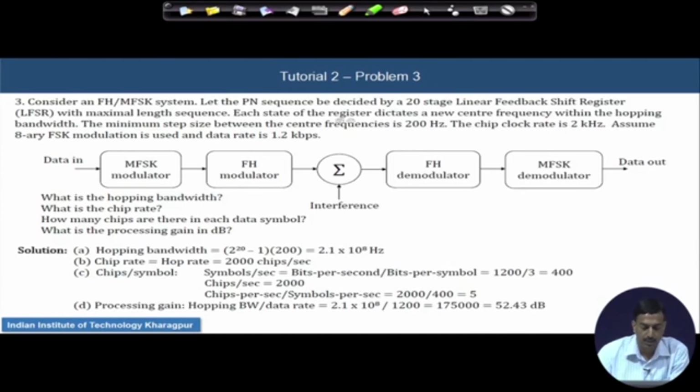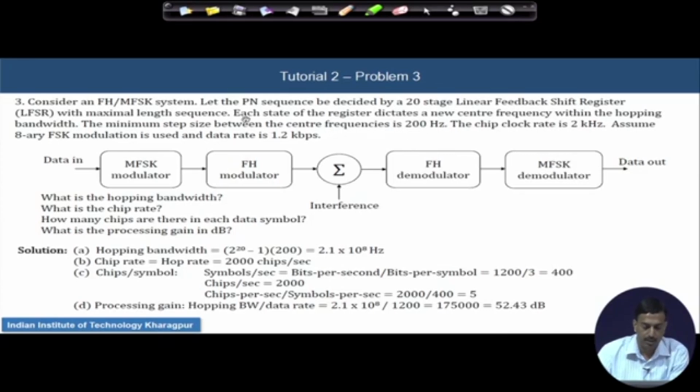Now each state of the register basically dictates a new center frequency within the hopping bandwidth, and it is further specified that the minimum step size between the center frequencies is 200 Hertz. So basically if each state gives me a unique center frequency, and the gap between center frequencies is 200 Hertz, then the number of states times the gap between them will give me the total hopping bandwidth.